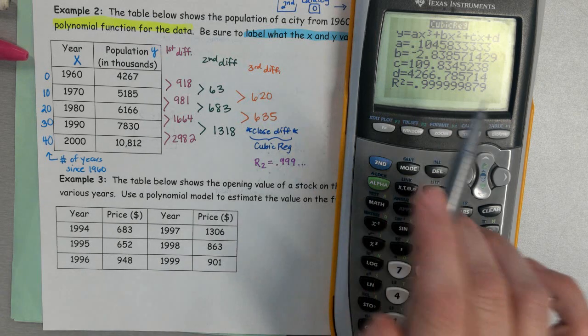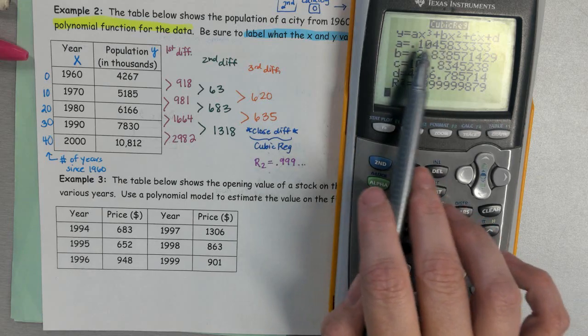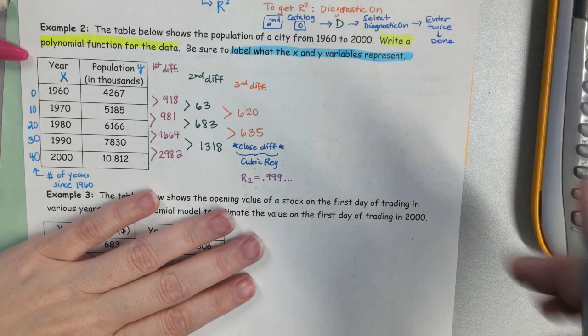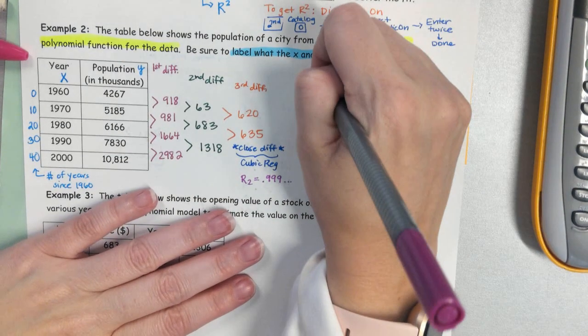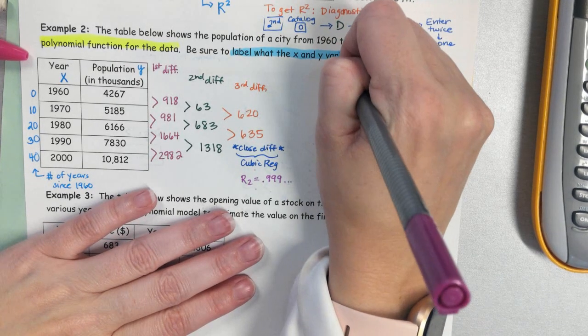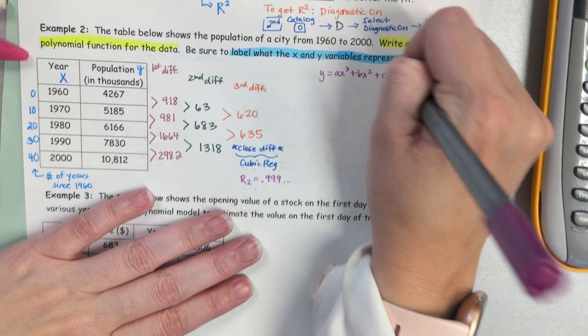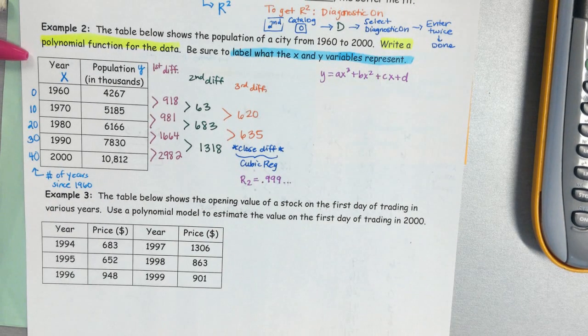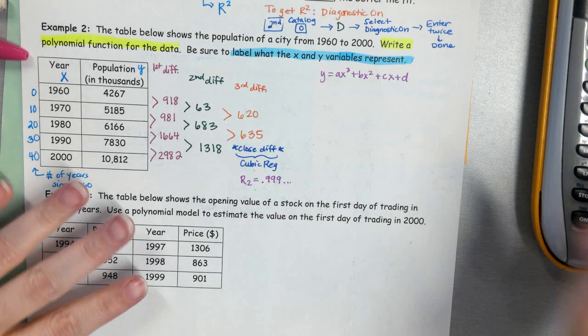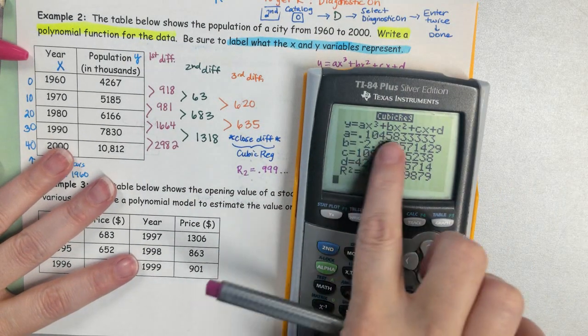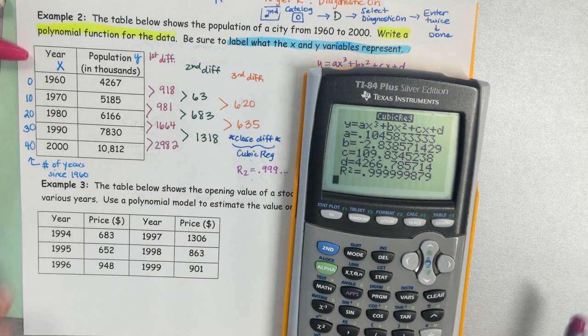And then for the cubic regression, they told you that it's y equals ax cubed plus bx squared plus cx plus d. Alright, so do you guys think you can round those to the nearest thousandth and write your polynomial out there? So 3 places after the decimal, that's what you're going to round to.